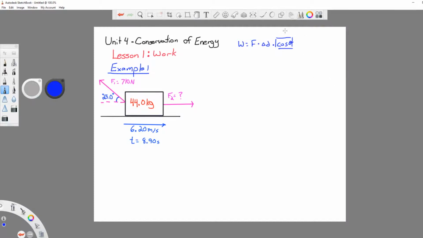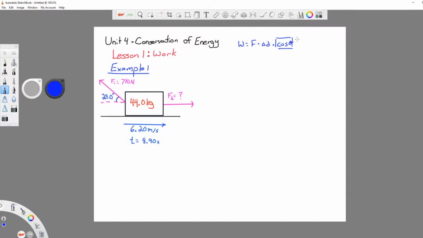Really, all this cos value is doing is saving you a little bit of trigonometry by plugging it right into the formula. Something like this, F2, where the force is in the same direction as the motion, you could just say that this is cos of 0, like the angle that you're pushing at is 0 degrees different than the angle of motion.